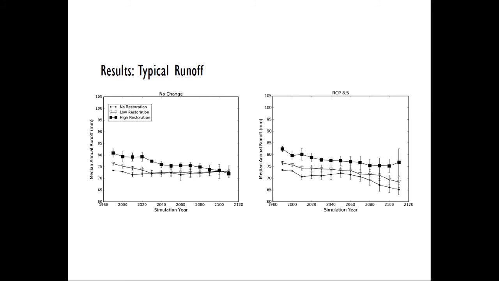But if we look at the scenario where we did have climate change worked in, that's where we're really starting to prevent some of those forest type conversions that have negative effects on runoff. And the high restoration particularly, by the end of the century, is very effective on this. So if the goal is end of the century, it's definitely the 10-year restoration rotation that is better. If we're looking at mid-century, they were both effective in at least preventing large declines.